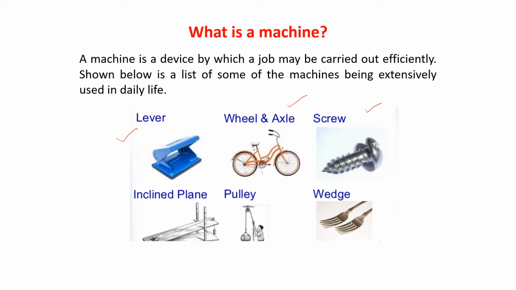This is screw, inclined plane, pulley, wedge. All these things we are using as machines. They make our work easier, and that is why we call them machines. So a machine is a device by which a job may be carried out efficiently.